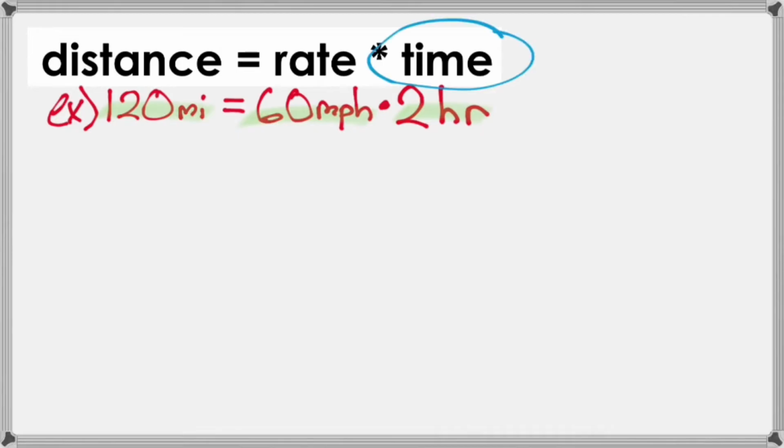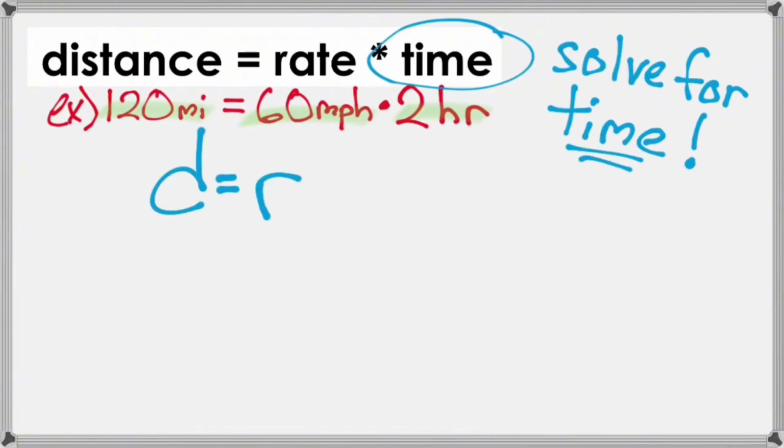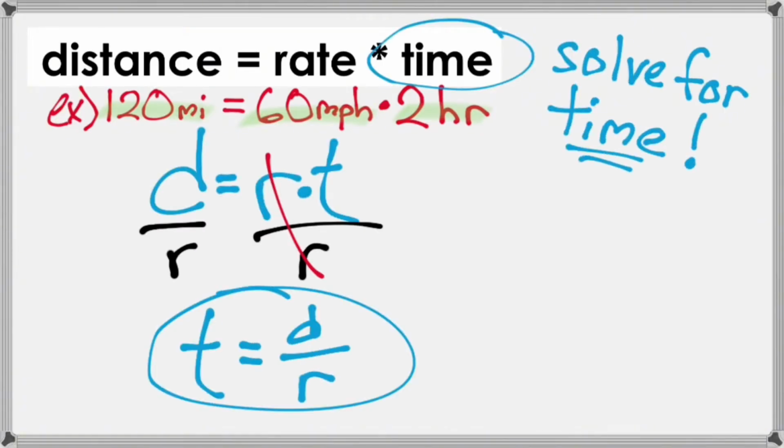So you're going to want to get time solved for on one side of the equation, which if you take the D equals RT original formula and you divide both sides by R to cancel out the R on the right, well then T is now going to be all by itself, and then distance divided by the rate is what's going to appear on the other side of the equation. So basically, time is going to equal the distance traveled divided by the rate.